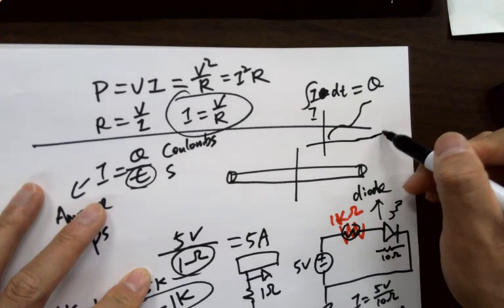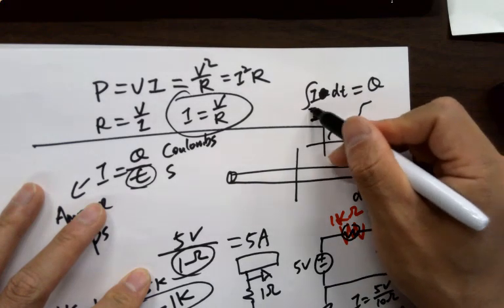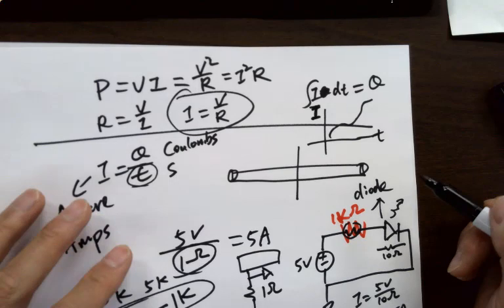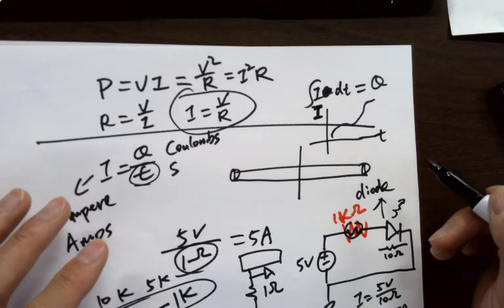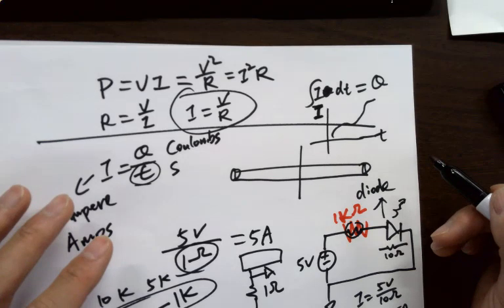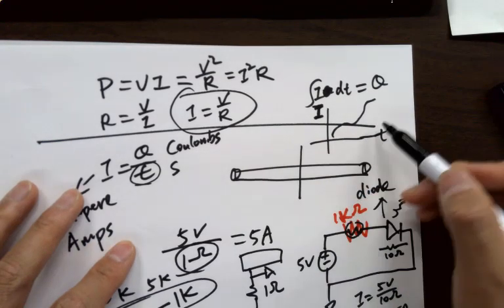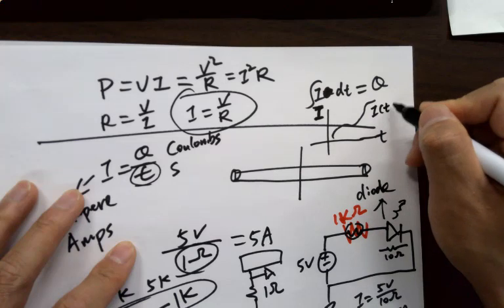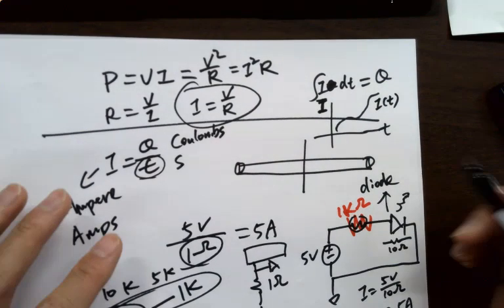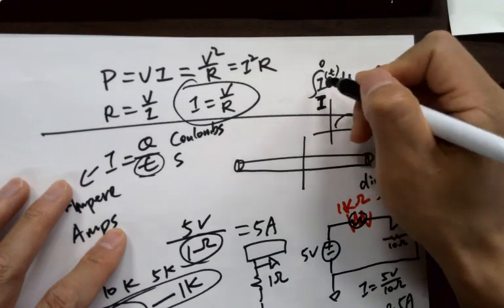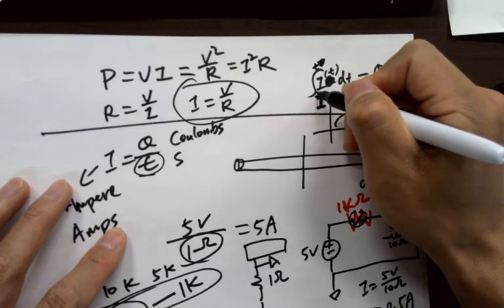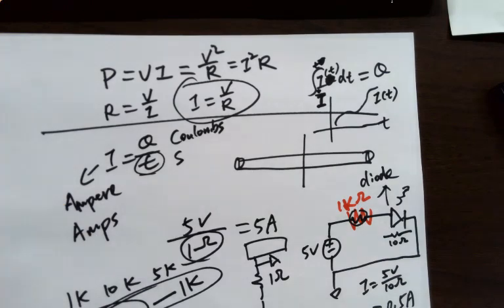Here's I, here's T. And you want to calculate the overall Q, coulombs. Just integrate. So I must be a function of T, right? Just plug it in here with the bounds. It could be 0 to T. Just integrate it.